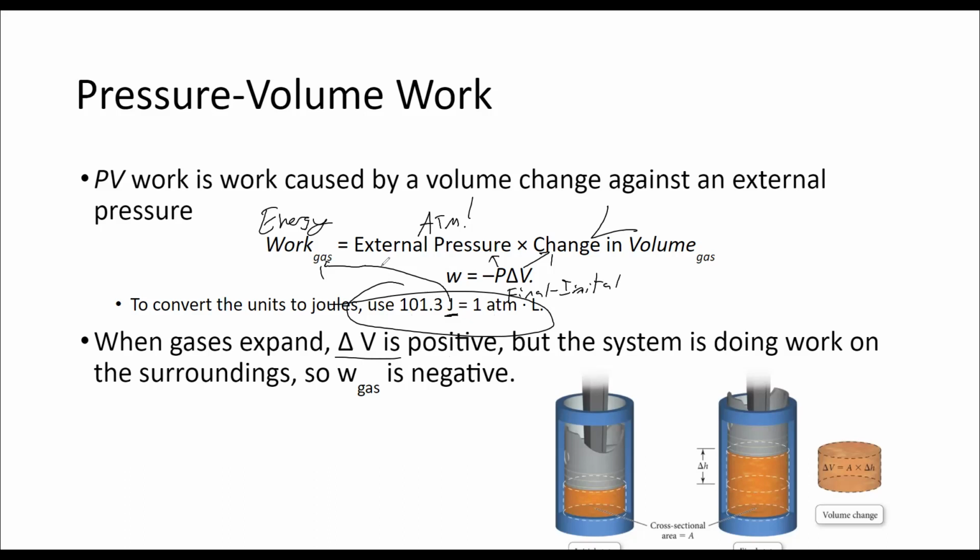When you do that, you lose energy because you are working to push the gas away from you. So although delta V would be positive, there is that negative sign here. So work is negative. If you're shrinking, then the surroundings are doing work on you and you are gaining energy.